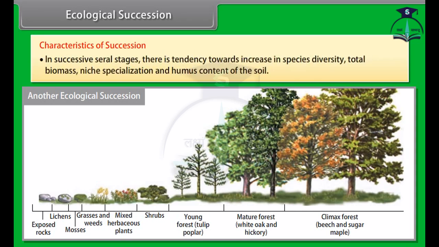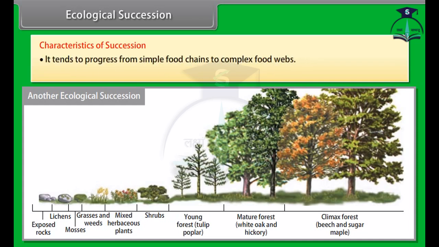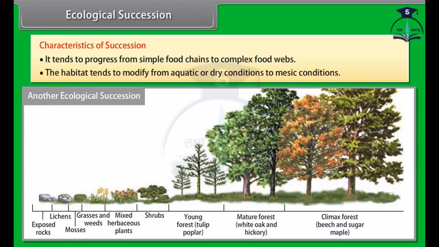In successive stages, there is tendency towards increase in species diversity, total biomass, niche specialization and humus content of the soil. It tends to progress from simple food chains to complex food webs. The habitat tends to modify from aquatic or dry conditions to mesic conditions.